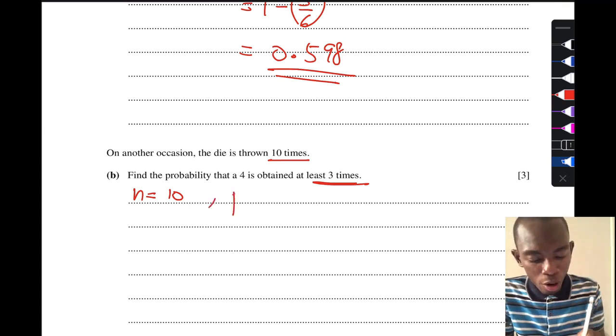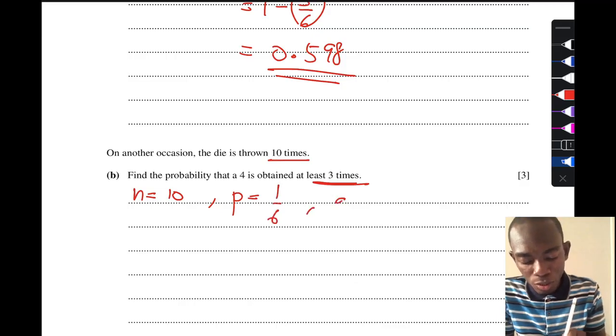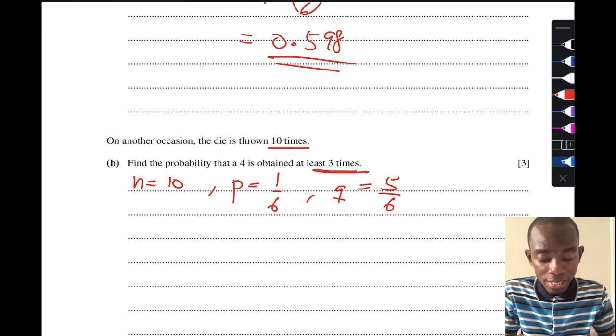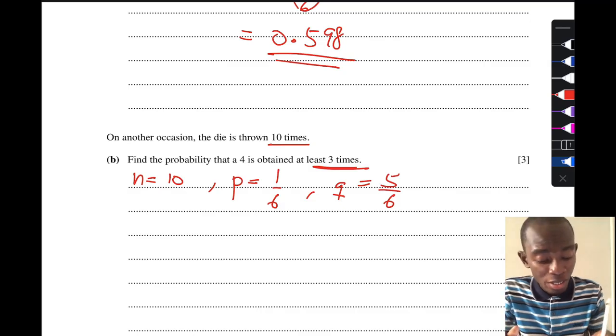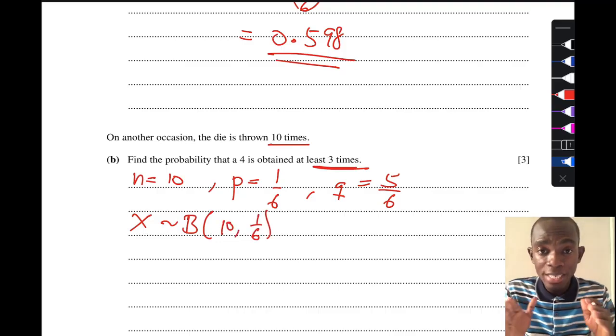And we have already argued that the probability of you getting a 4 is actually 1 over 6. So the probability of you not getting a 4 is 5 over 6. And now they said that you are going to throw it at least how many times? 3 times. So that means that this distribution now follows a binomial with n of 10 and a probability of success of 1/6. Okay, so that's it. Be careful.